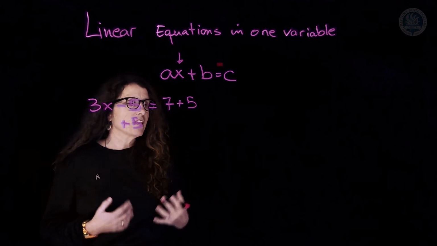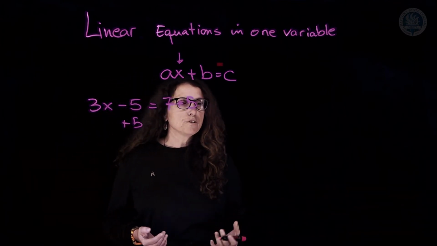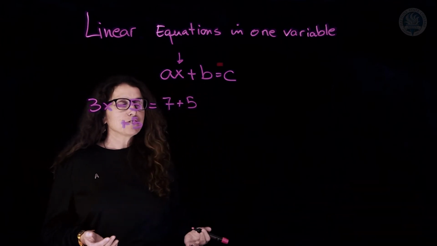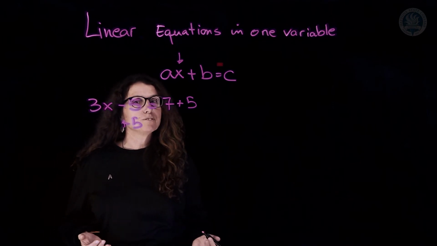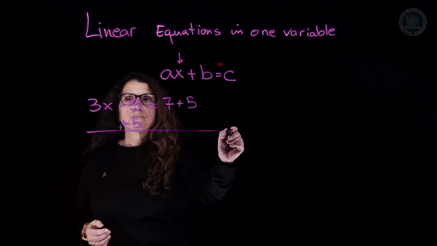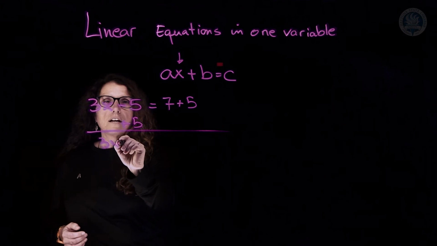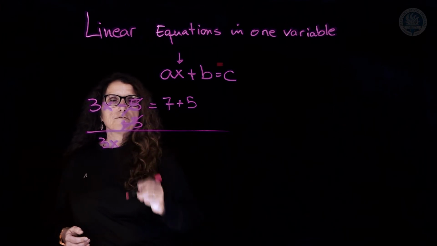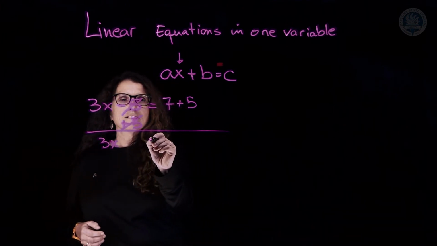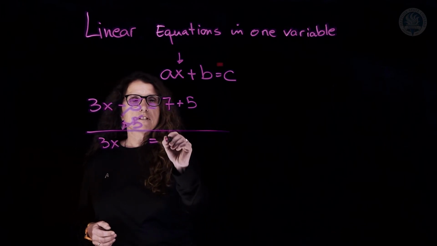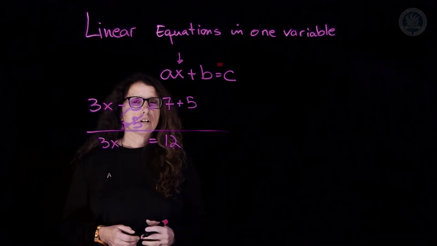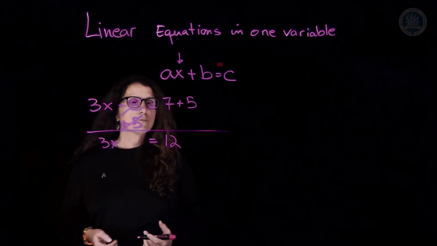Of course, with any equation, what you do to one side, you have to do to the other side. We bring down the 3x, the negative 5 and the plus 5 cancel each other out, and 7 plus 5 is 12. We're down to 3x equals 12.